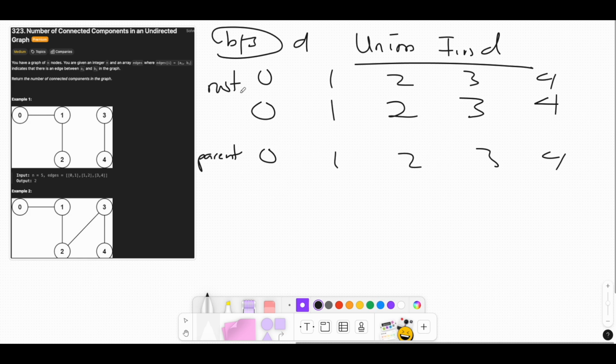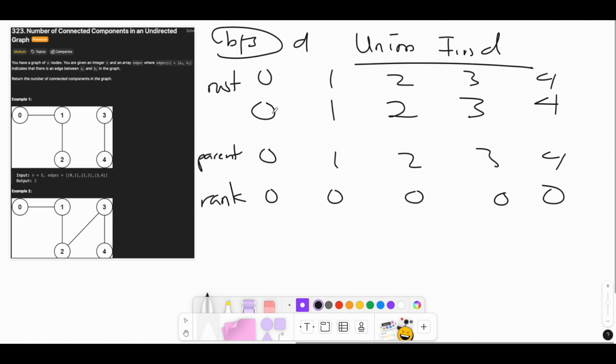The rank also starts at 0, so rank is 0, 0, 0, 0, 0, and size is 1, 1, 1, 1, 1, right?